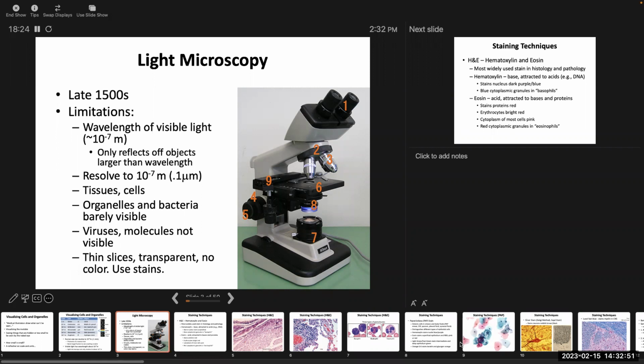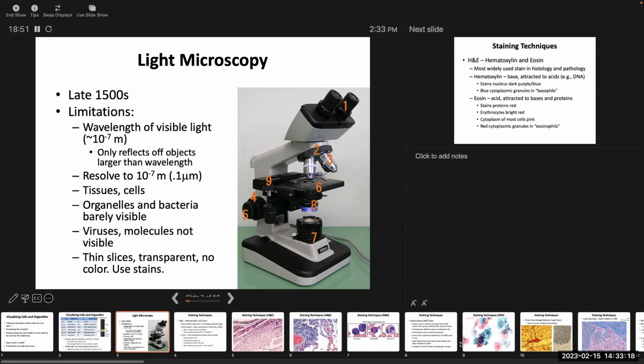So light microscopes are great for looking at whole tissues. If you want to look at the way cells are organized to form an epithelial tissue or some other organ tissue, those of you who take histology and histopathology next year, that's what that whole class is all about, looking at microscopic images of tissues and organs to see the cellular structure of tissues and organs.